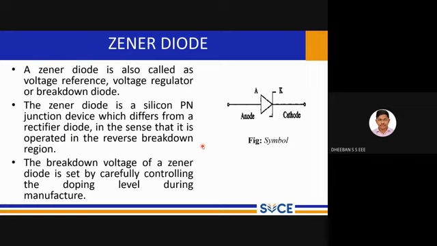The breakdown voltage of the Zener diode is set by carefully controlling the doping level. You can imagine the doping level as the opening and closing of the tap.